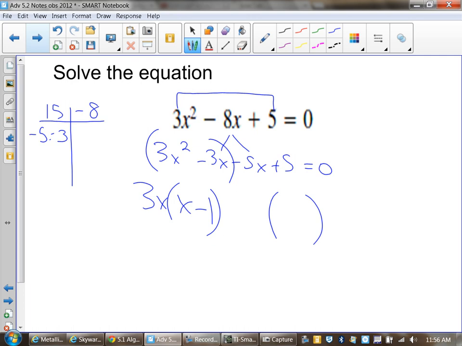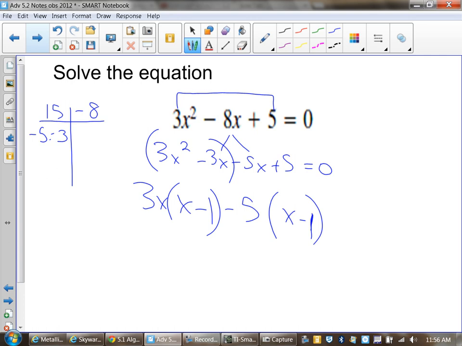So what's the GCF of negative 5 and 5? 5. Fine, but what do I want to take out though? I want to take the negative out. The reason is, once I divide out by the negative, this second term becomes negative. 5 divided by negative 5 is negative 1.